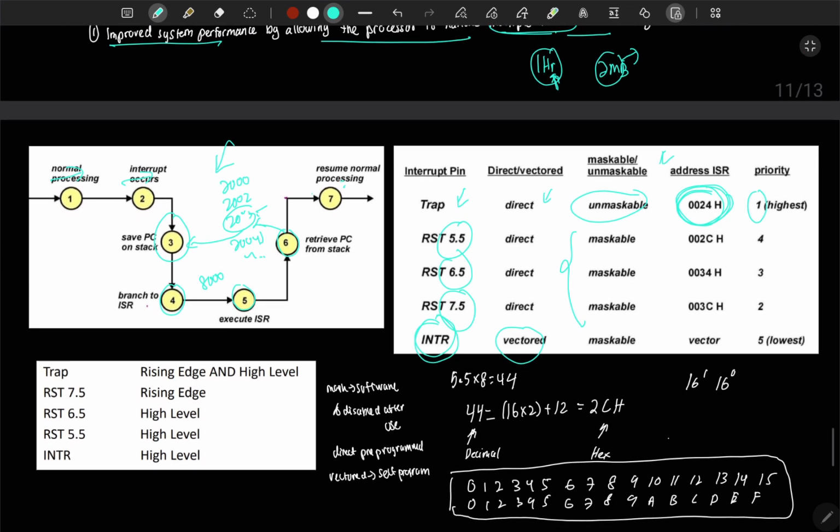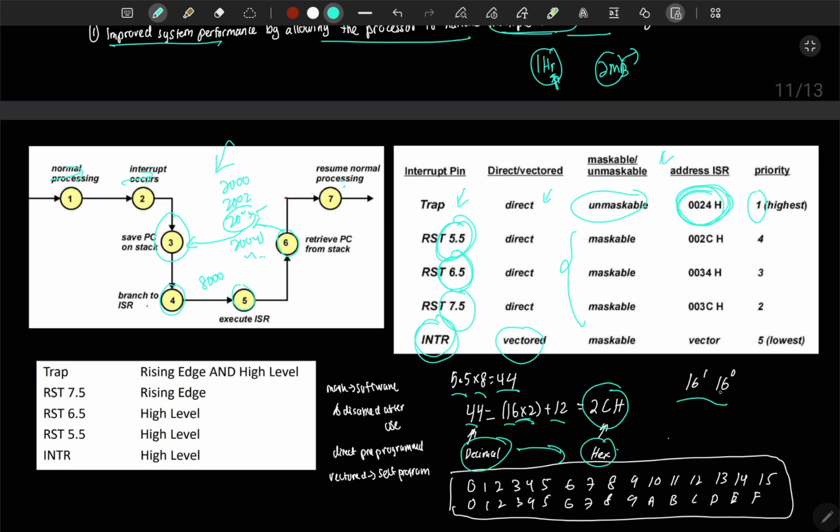For example, take 6.5, we need to find the address of the ISR, or take 5.5. 5.5 times 8 will get 44. 44 is equivalent to 2CH. How? 16 times 2 plus 12. 12 translates to C, and this is 2. So you need to be familiar with decimal to hex conversion.